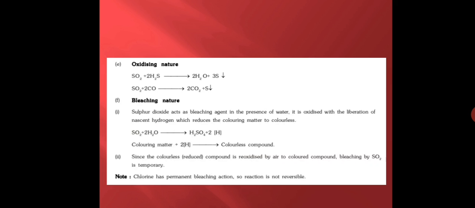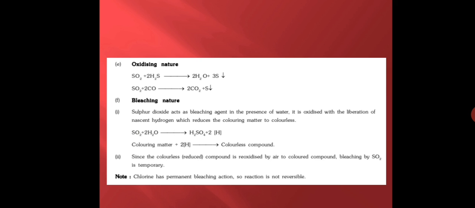In this reaction we see that the sulfide ions are converted into sulfur. So sulfide ions are oxidized because the oxidation number of sulfur in H2S is -2. It gets converted to elemental sulfur where the oxidation number is 0. So here we see that SO2 is exhibiting oxidizing nature.